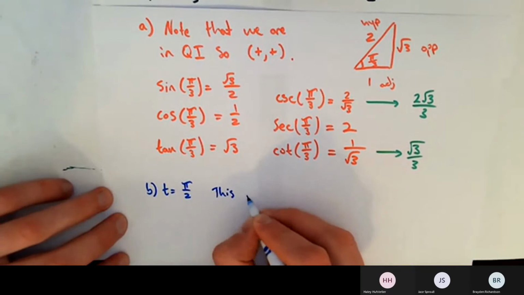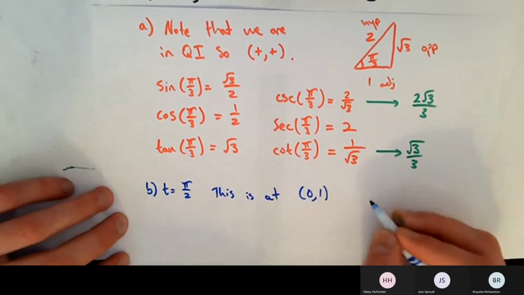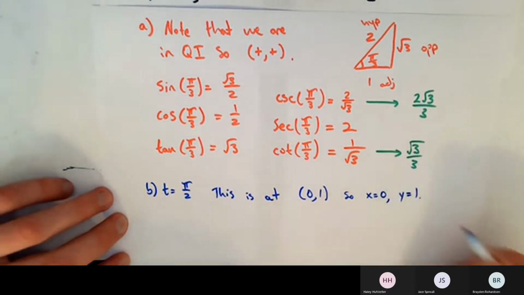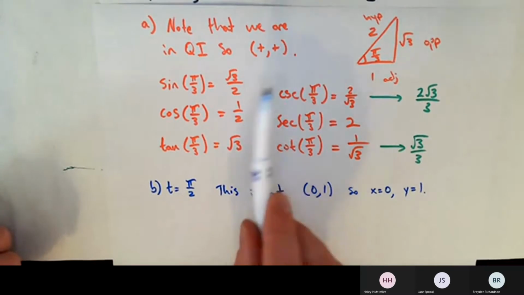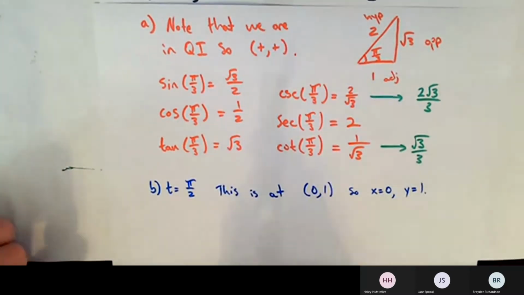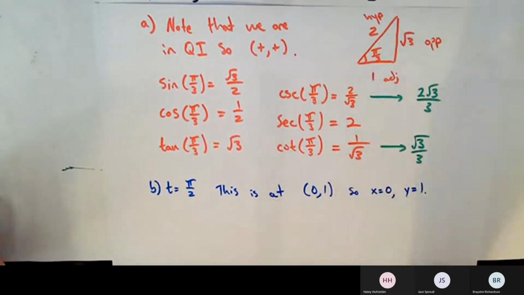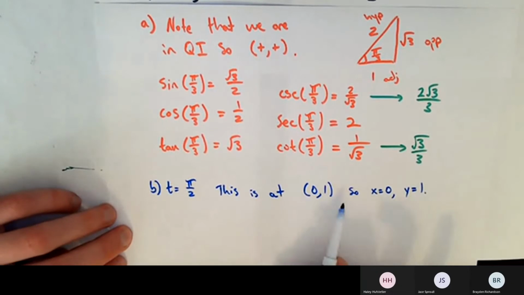This is at 0, 1. So x is 0 and y is 1. When you get an angle that's on an axis, it's not about drawing the reference triangle. It's about knowing where the coordinate point is on that particular axis. And for pi on 2, that puts us on the positive y-axis at 0, 1.